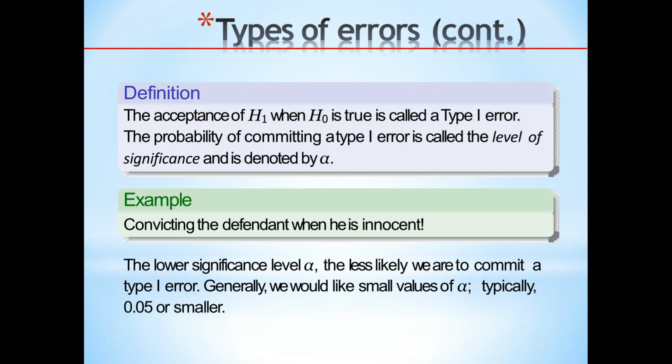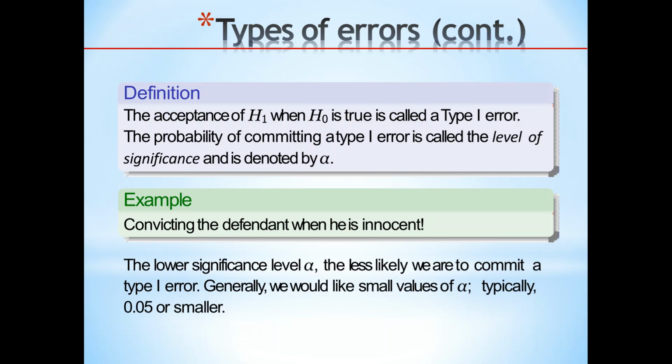Now, a type 1 error is a kind of error in which we accept the alternative hypothesis even when the null hypothesis is true. This is like convicting the defendant when he is innocent.